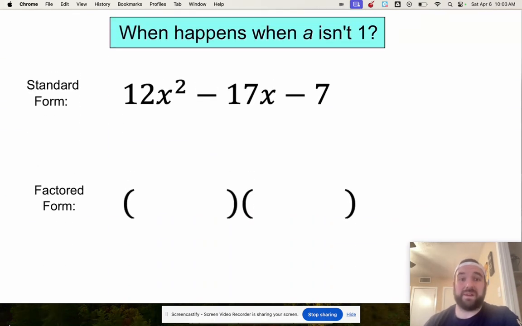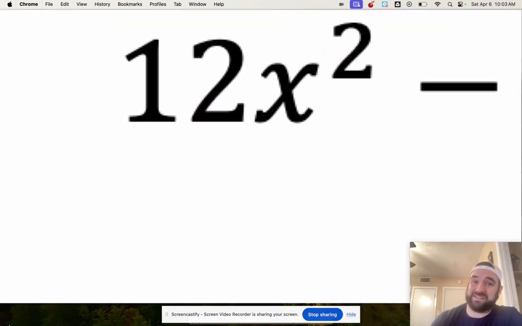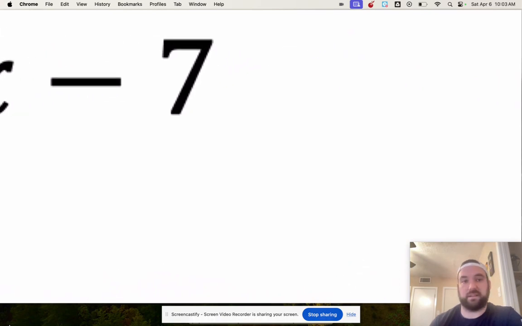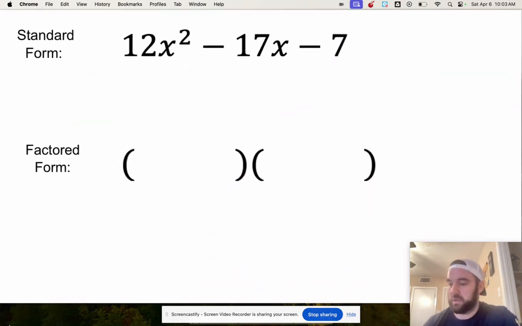Again, 12x squared minus 17x minus 7. That is a lot to look at because it could be 6x and 2x, 4x and 3x, 12x and 1x. So I'm going to instead take the fact that that is negative 7, and it almost certainly has to be a 7 and a 1. Now, the 7 and the 1 could be reversed.